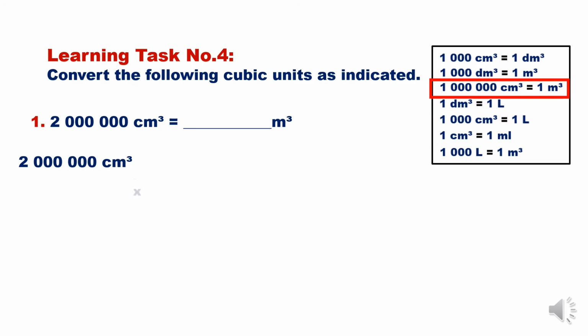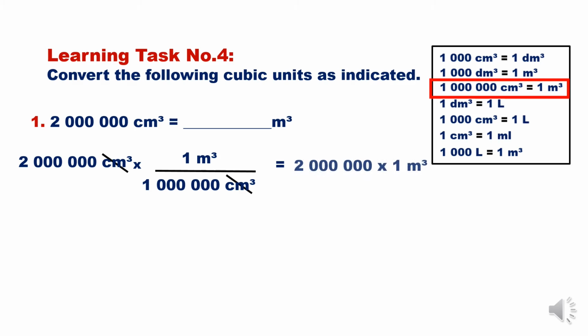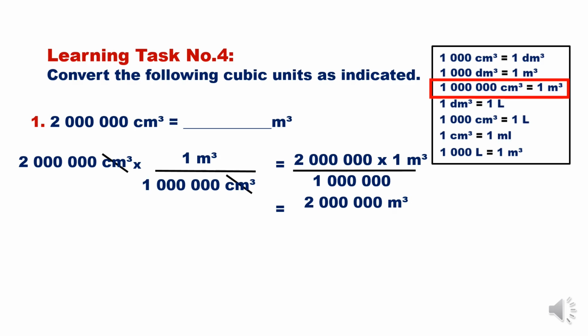So, gamitin natin yon. Cancel cubic centimeter. Then, we will multiply 2 million times 1 cubic meter divided by 1 million. So, that is 2 million cubic meters divided by 1 million equals 2 cubic meters.